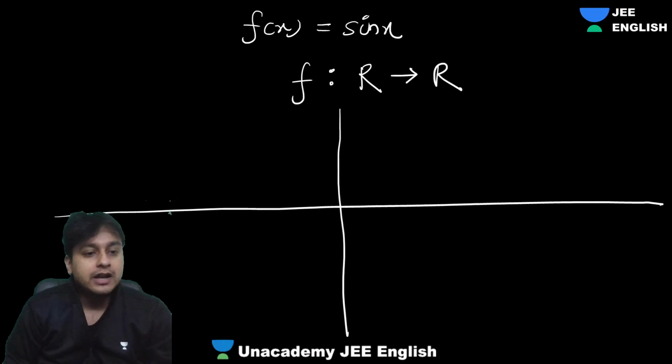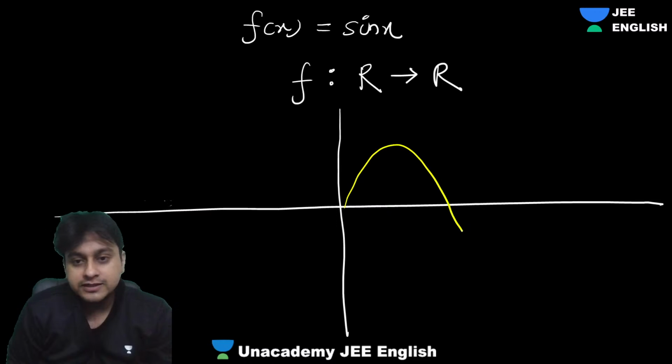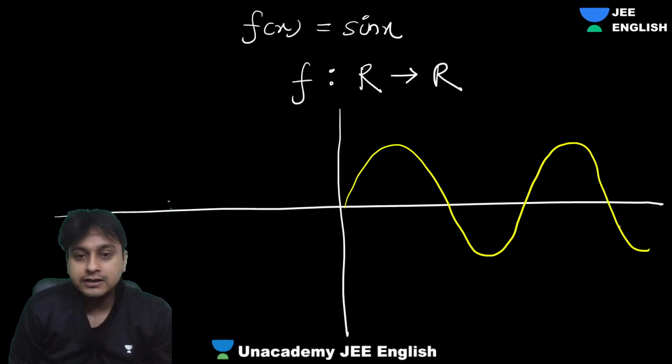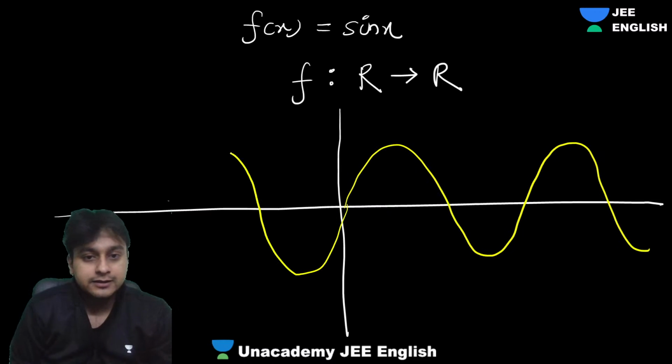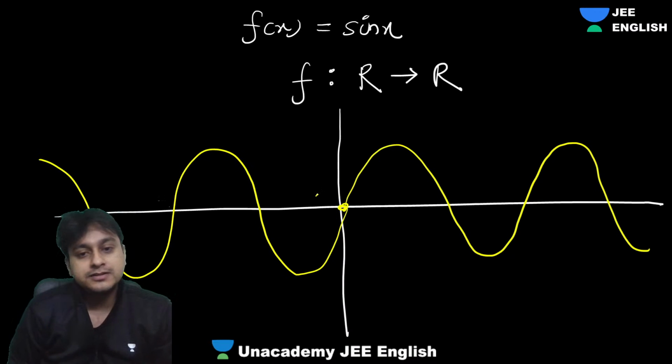So I will draw the graph for you. The graph of sin x looks like this at the moment, isn't it everyone? So this is the sin x function. This is 0, this is obviously pi, this is 2 pi, and this is 3 pi, and here we have minus pi and so on.